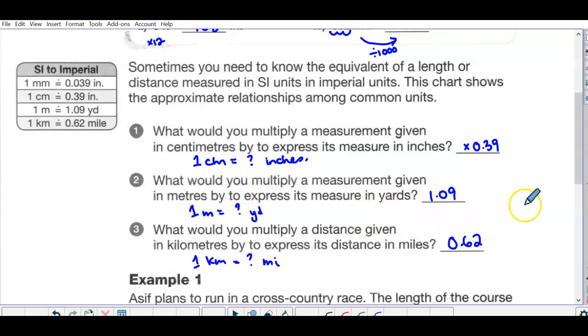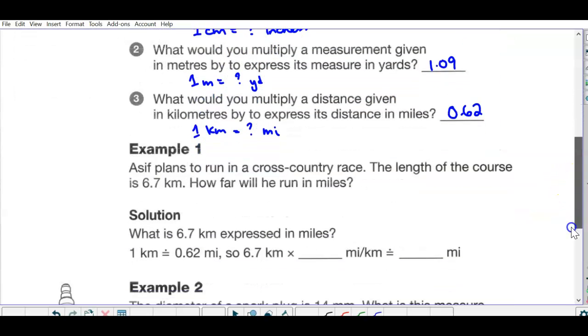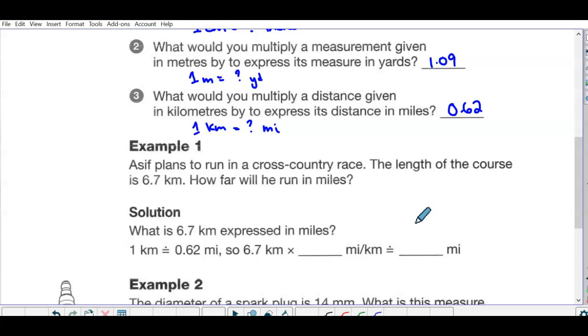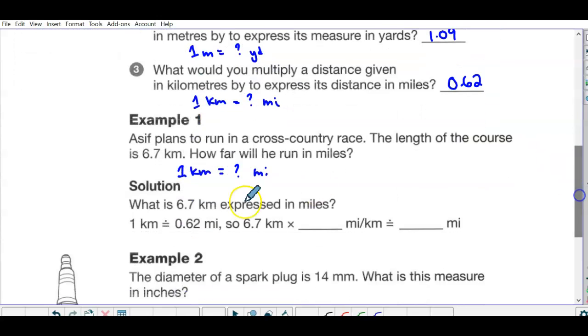Okay, so first example. Asif plans to run in a cross-country race. The length of the course is 6.7 kilometers. How far will he run in miles? So given in kilometers, I want to find the conversion of 1 kilometer to miles. It's in that little chart. It's also given here. So this is what I want to use because I have 6.7 kilometers.